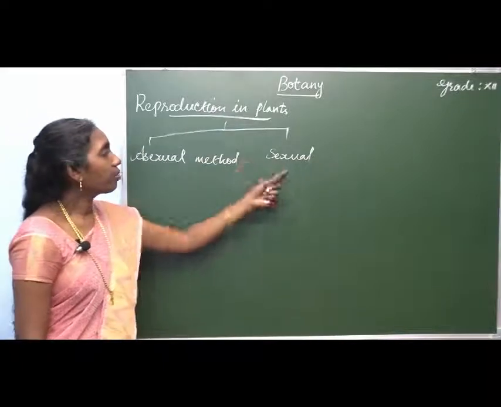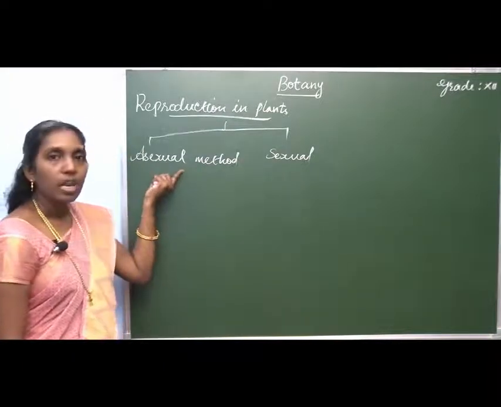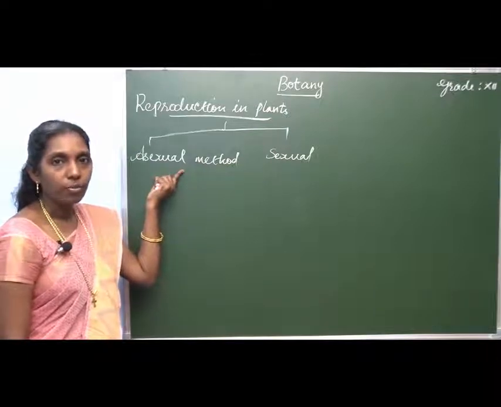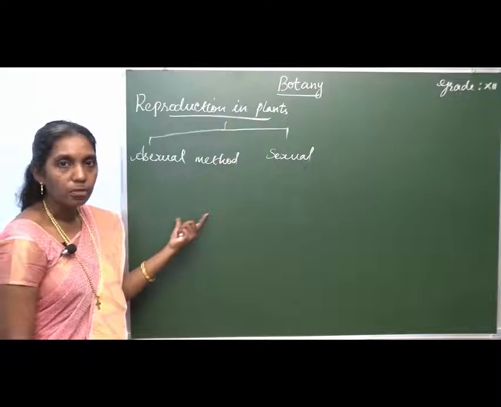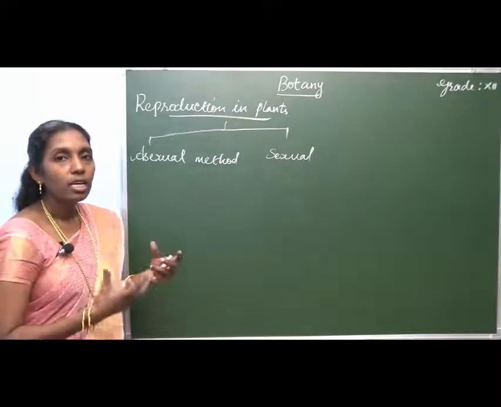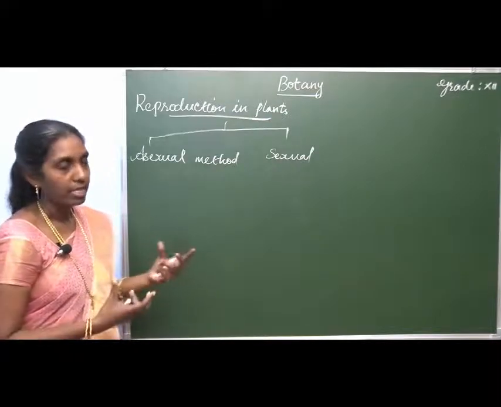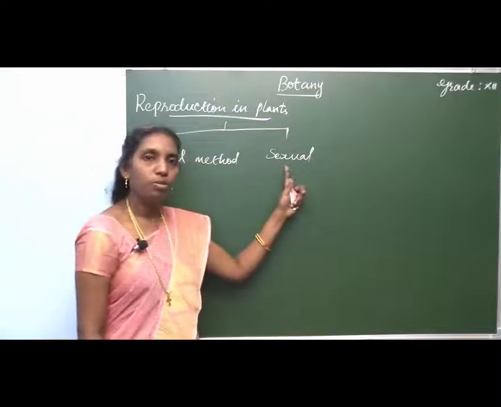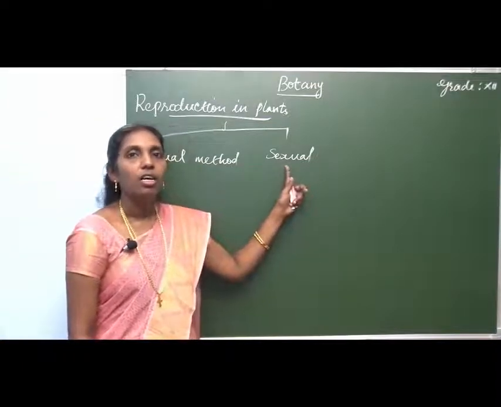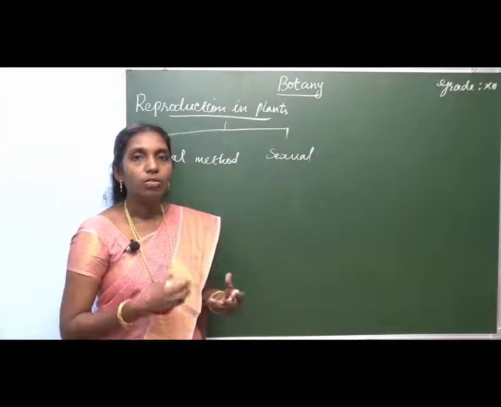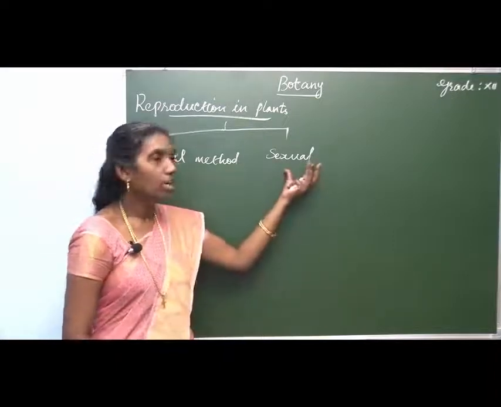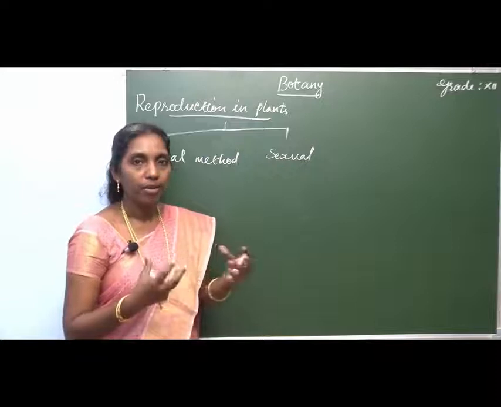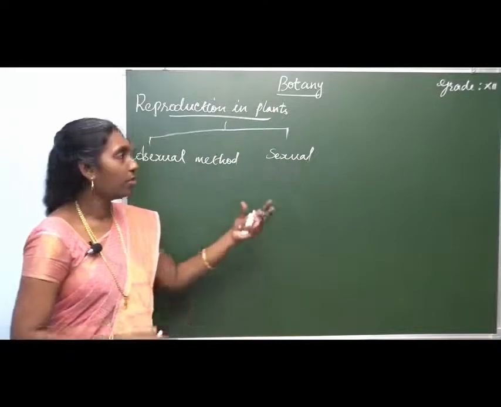What is the difference between these two? Asexual method of reproduction perpetuates the young species without the involvement of gametes, but in the sexual method of reproduction, there is an involvement of the male gamete and the female gamete. This method involves fusion of male and female gametes and forms a zygote.